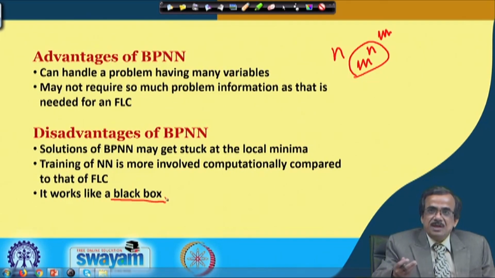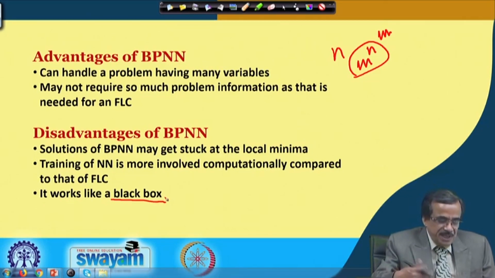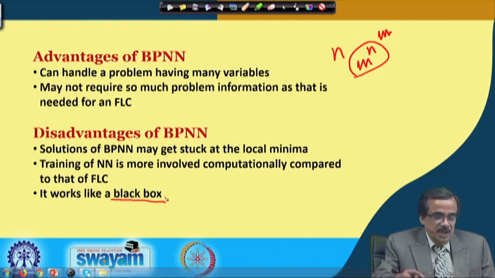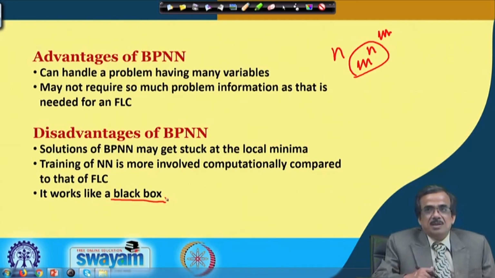So, we can train the network, but what is happening inside the network during training, we the designers do not know. But ultimately, through a large number of iterations, it is going to give rise to one optimal or near optimal network. So, this multi-layered feed forward network works like a black box.